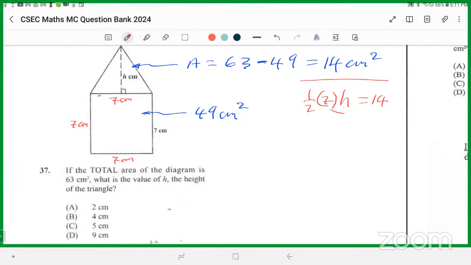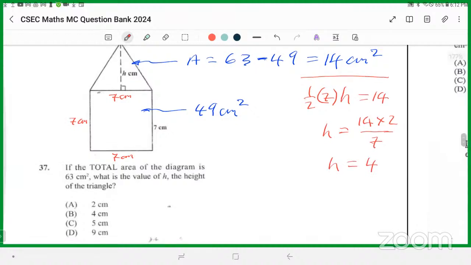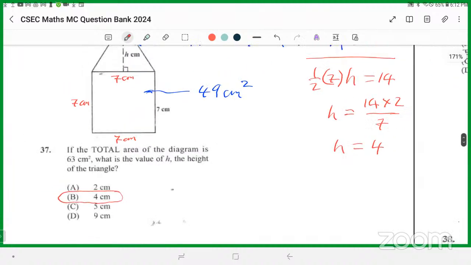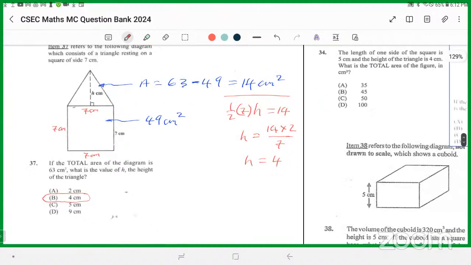Divide by the 7, I multiply by the 2. So the height becomes 14 times 2 over 7. That becomes 4. Height is 4. So this is the height. I mean, there are multiple ways to do it, but I think this is good enough.